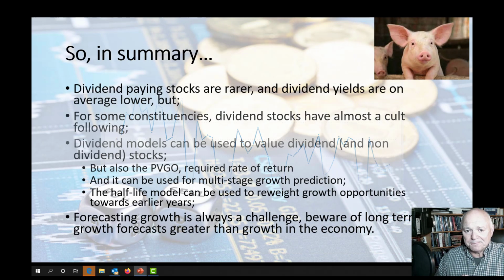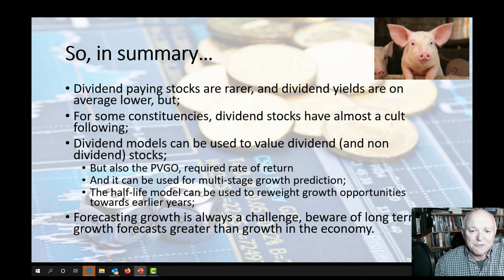So, I would say in summary, got to have a picture of a cute little piggy in there to remind us about the yield hogs. Dividend-paying stocks are becoming more rare, especially in developed markets. And dividend yields of those stocks have also become lower, but for certain kinds of markets, bank stocks, utility stocks, we expect to see regular dividends, and those types of stocks have established a kind of cult following.